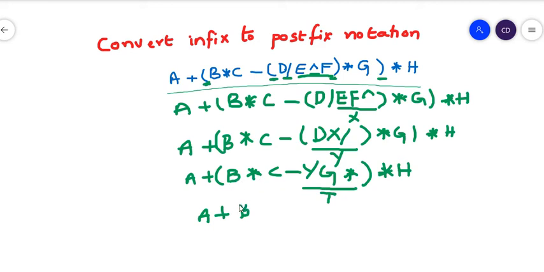So B plus C, right, B multiply C minus T you have. Multiplication has higher priority than subtraction. So simply you are going to do BC, then you can multiply with this.